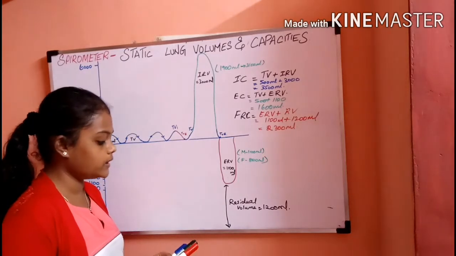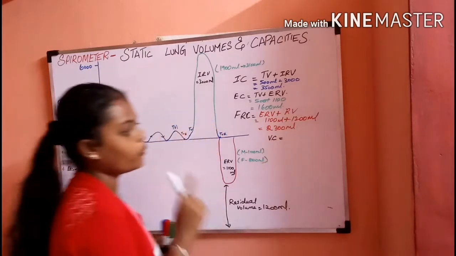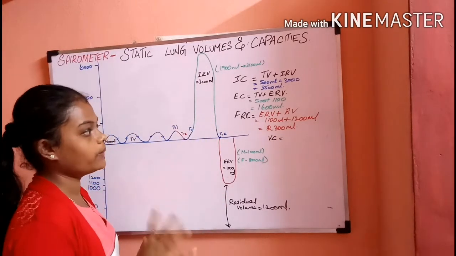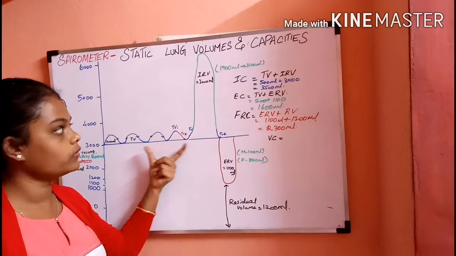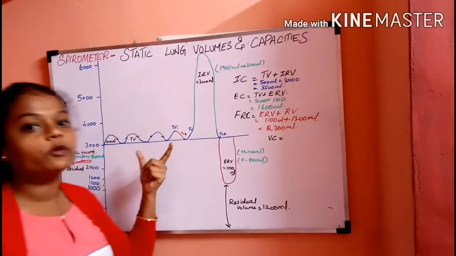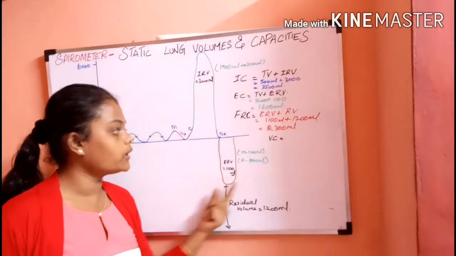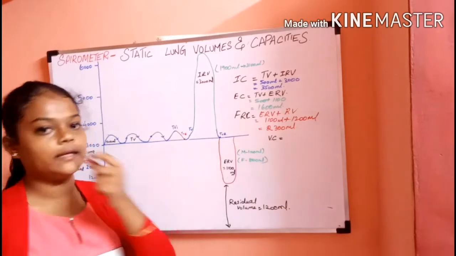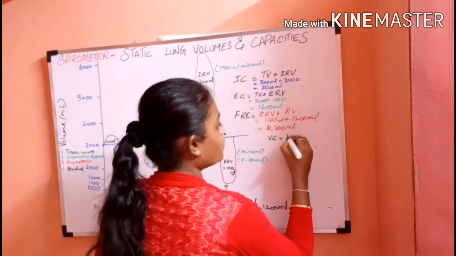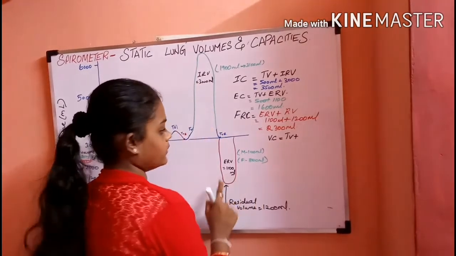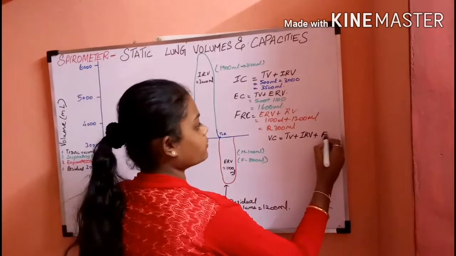Vital capacity. Vital capacity is the tidal volume, inspiratory reserve volume and expiratory reserve volume all together. Let us start. First tidal volume, next inspiratory reserve volume, expiratory reserve volume.